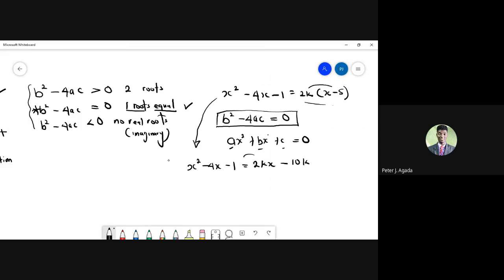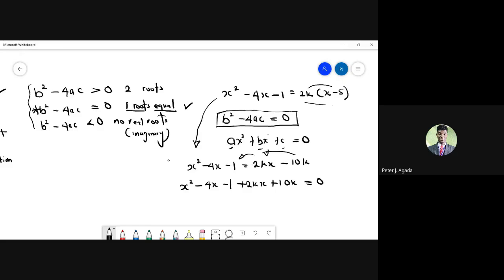Now let's take all of this to the other side to get one general quadratic equation. So we have x squared minus 4x minus 1, plus 2kx, minus, actually plus 10k, all equals 0.